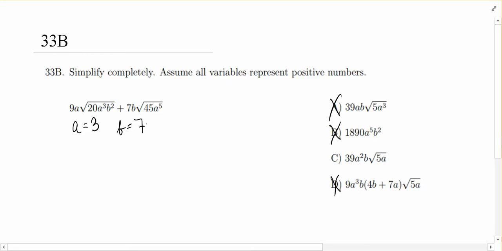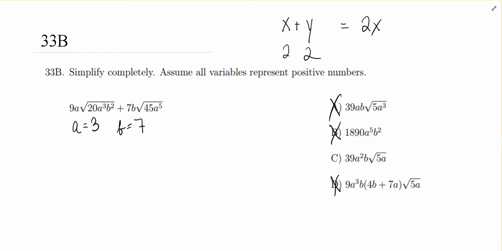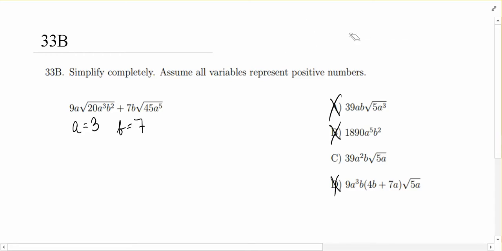So, for instance, if I said x plus y equals 2x, that's not a true statement. But what if I plugged 2 in for both x and y? Then it would become a true statement all of a sudden. So you can accidentally get things that are true, even though in general they're not.